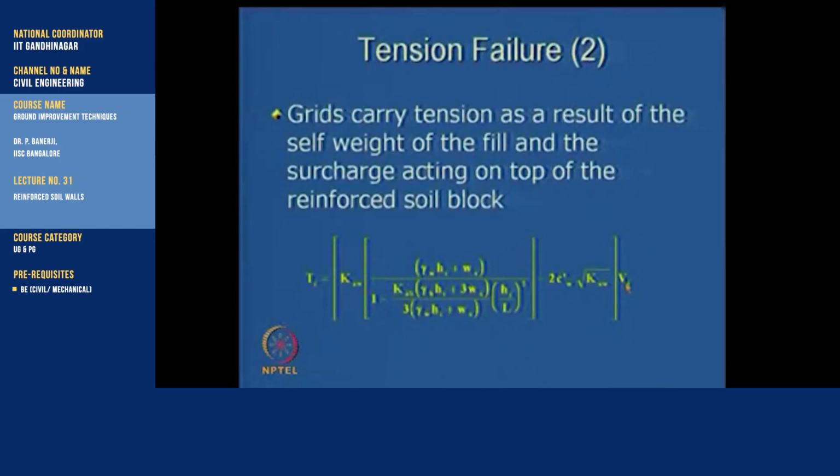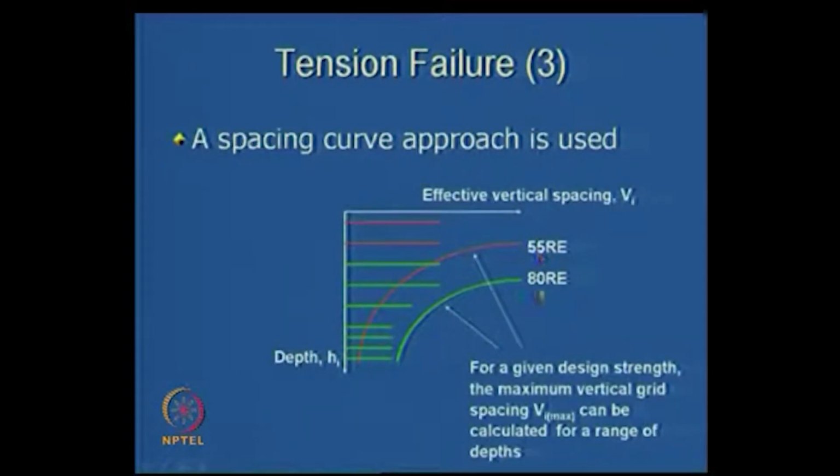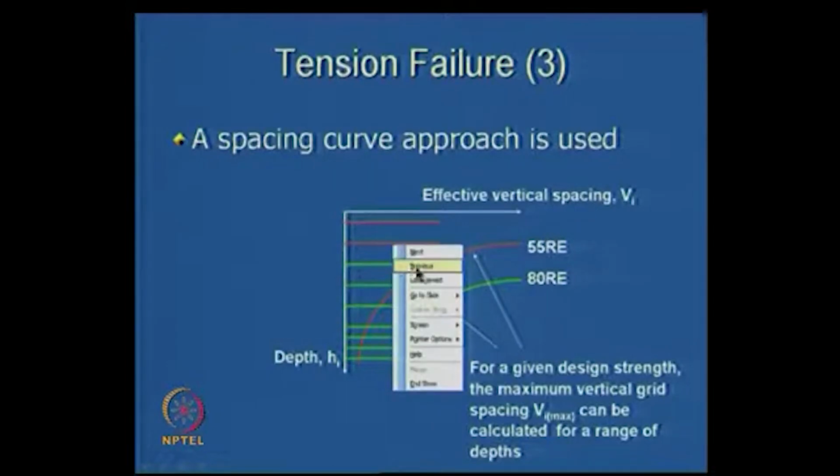You can have different Vi's, and also the depth. Actually Hi is here. Okay, everything is known here, and based on this you can calculate the Ti required, or otherwise we know what type of reinforcement materials I have. I have, say for example in this case 55 grade and 80 grade. I can construct back what should be the spacing if I have this sort of reinforcement at different depths, is what is given by this equation.